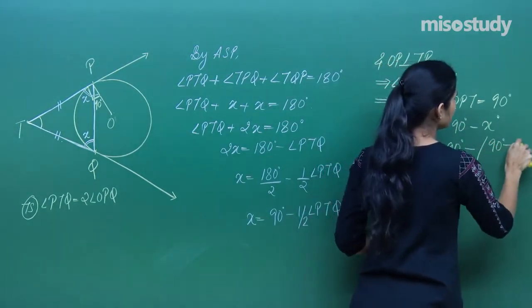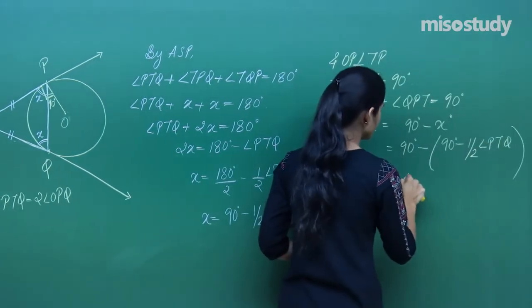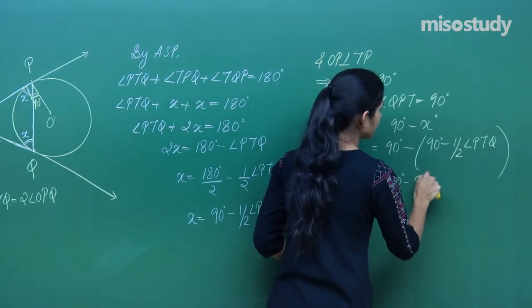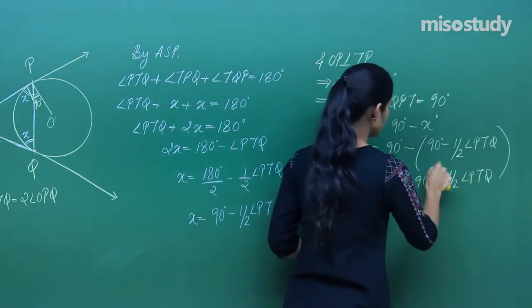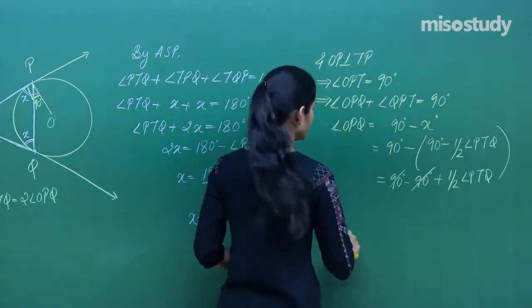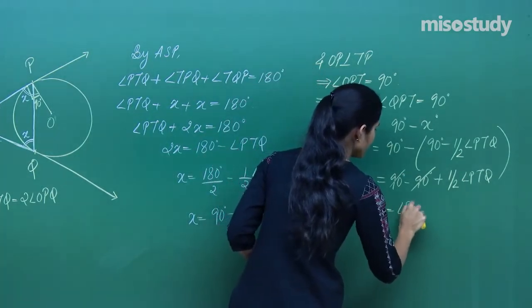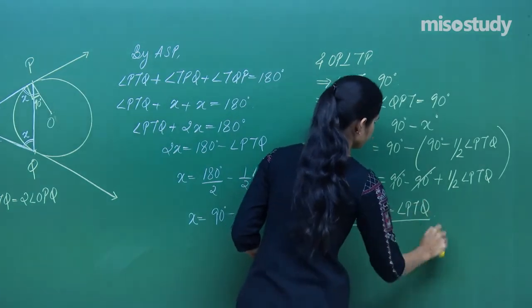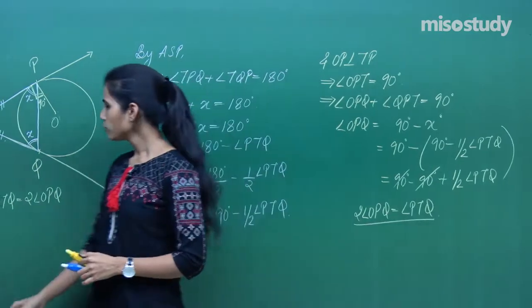So it is 90 minus half of PTQ, which is 90 minus 90 plus half of PTQ. What do you get? You get twice of angle OPQ is angle PTQ. And that is what you had to show. Let's move on to the next question.